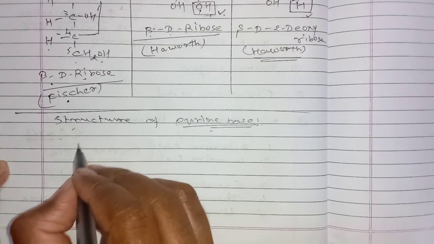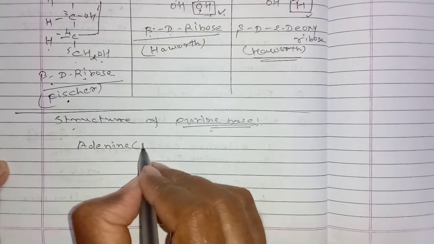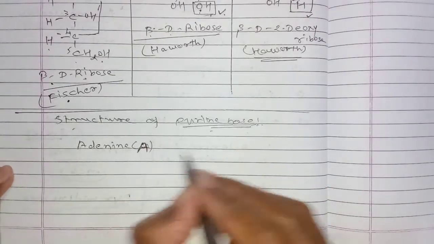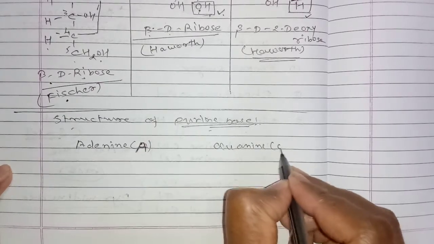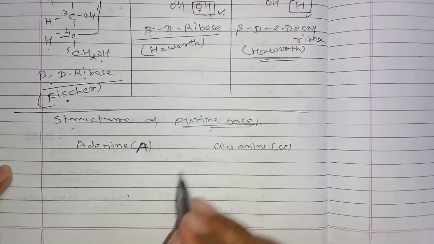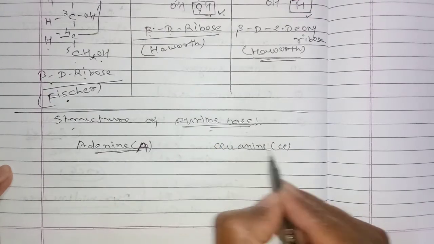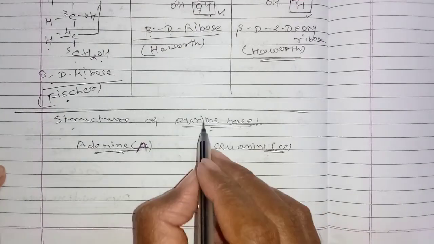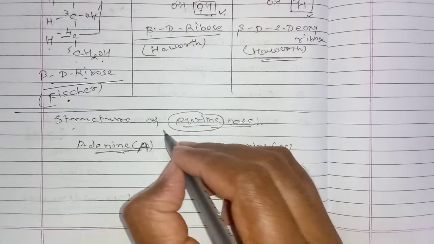Mainly purine bases are adenine, capital A, and guanine. Here the structure of adenine and guanine is similar to the purine.